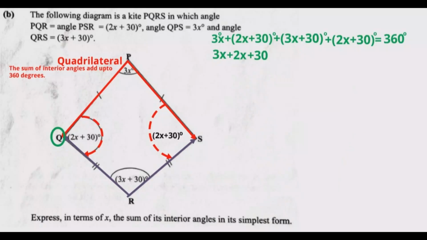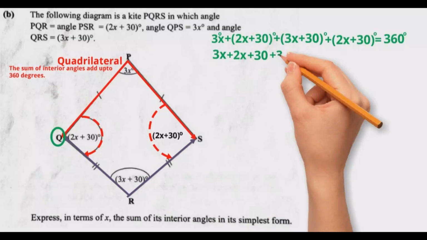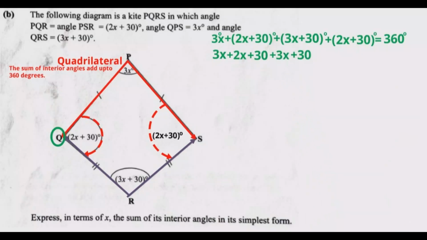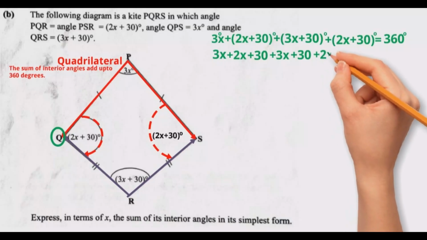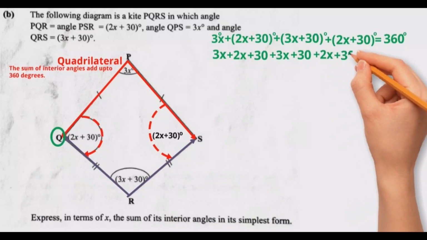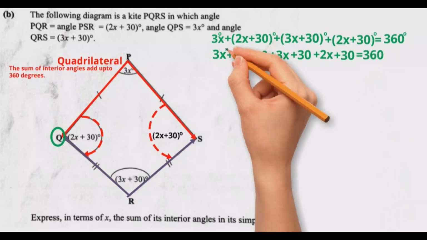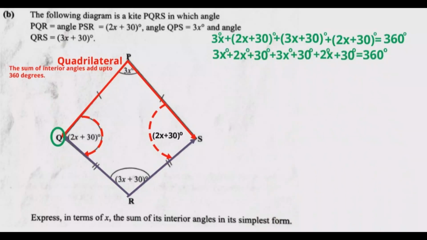We multiply 3x by the degree sign, which will give us 3x degrees plus 30 degrees. Then again 2x degrees, I'm doing the same thing, multiplying the numbers inside with a degree sign. So we say 2x degrees plus 30 degrees is equal to 360 degrees. That's what I said earlier on, that the sum of interior angles of a quadrilateral is equal to 360 degrees.